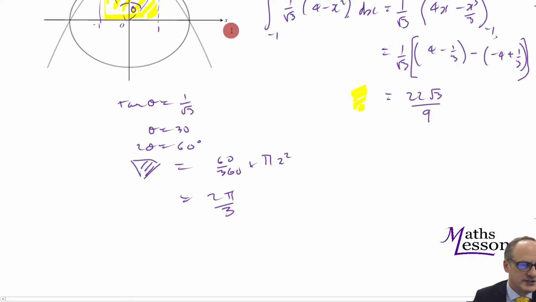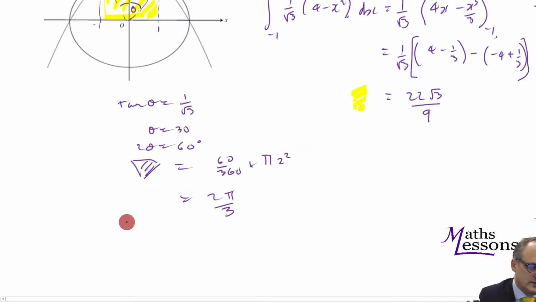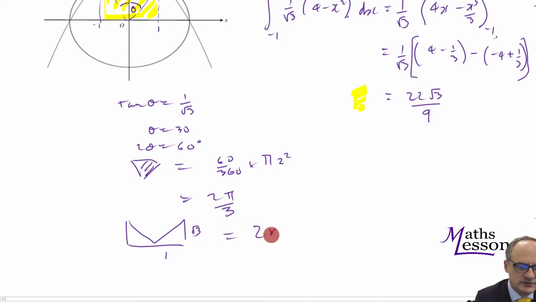Now, I've only worked out the sector bit, so I want to work out these two triangles next. I know that they've got a height of root 3 and a base of 1, and I've got 2 of those. So that area will be equal to 2 times a half times the base, 1, times root 3. So it's just equal to root 3.